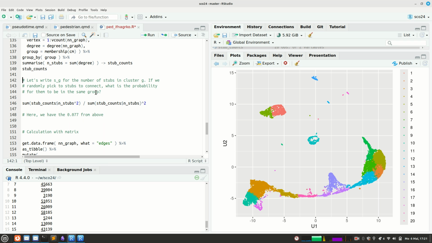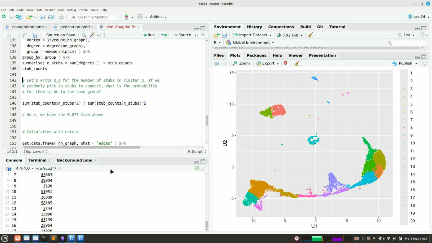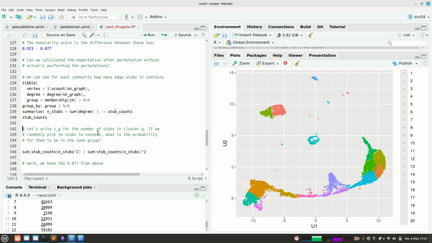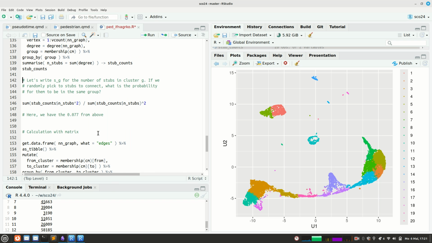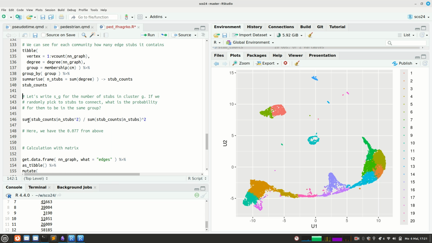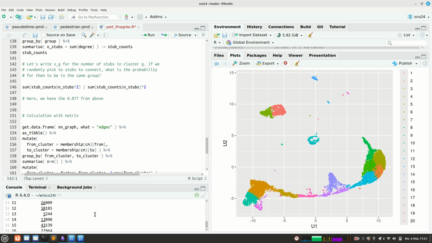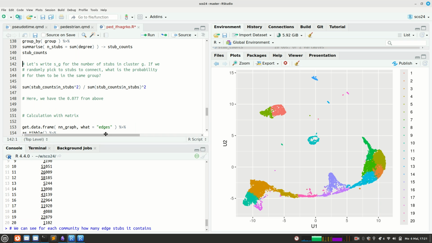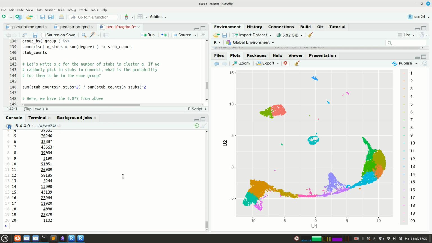Now I want to calculate the modularity score. First, I wonder, if I now have these stub counts, how many edges are there in total?